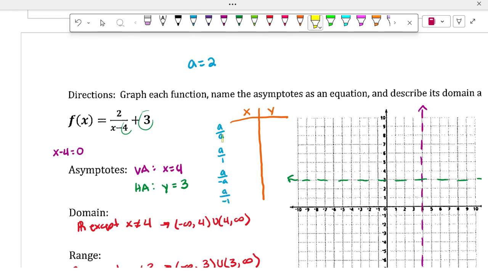So in other words, you want to shoot for the bottom values to be these numbers with whatever X value that you throw in. So first, let's start off. If I want A in the bottom, so I want 2 to be in the bottom, what number minus 4 gives me 2? 6. So that'd be my first X value. Because then what's 2 divided by 2? 1 plus 3? 4. So that's my first point.